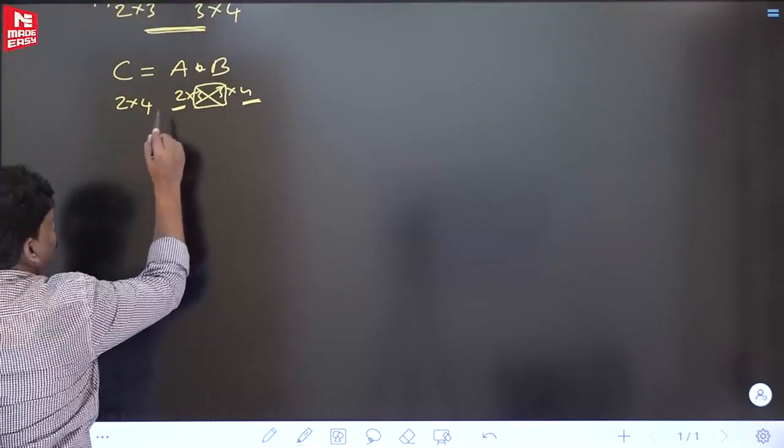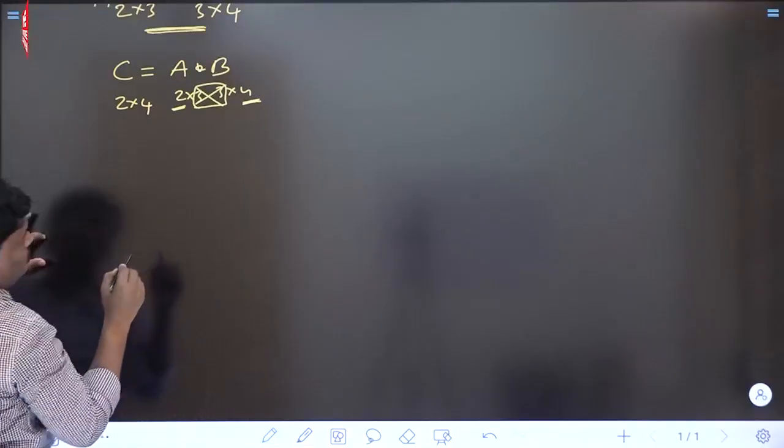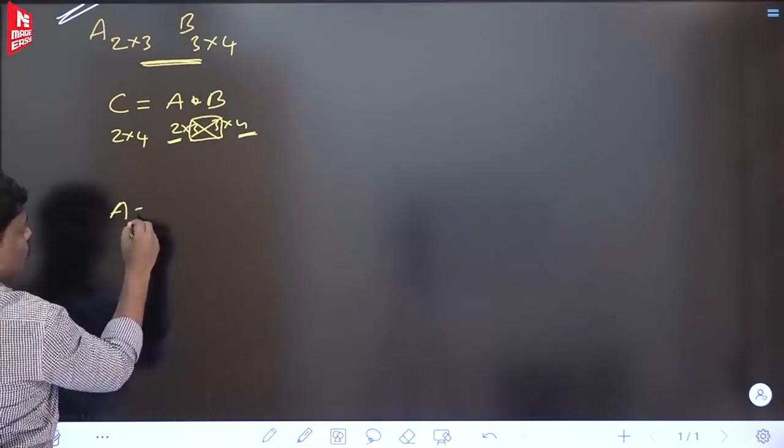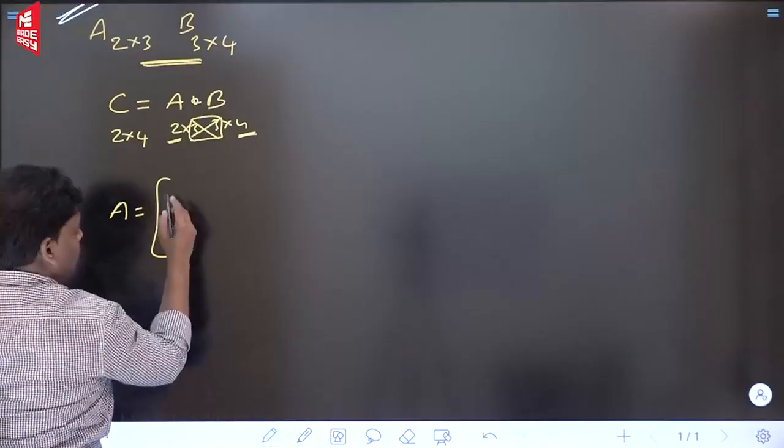Now let me do a rough diagram. See the rough diagram, how it looks. A is 2 by 3, 2 rows 3 columns.